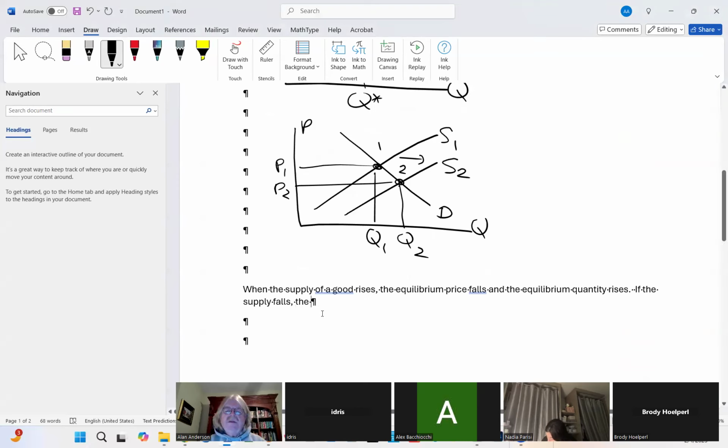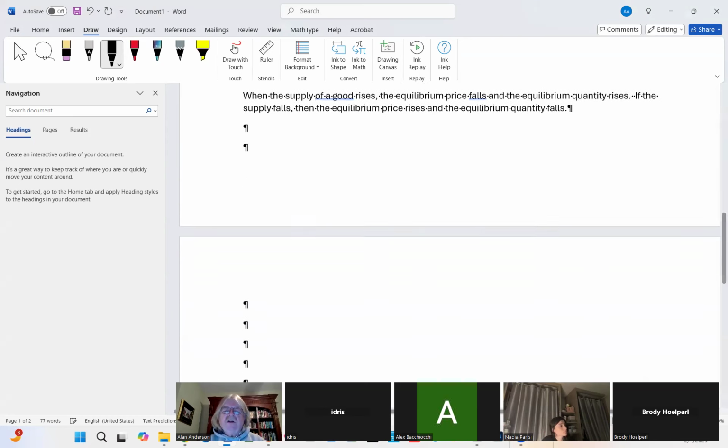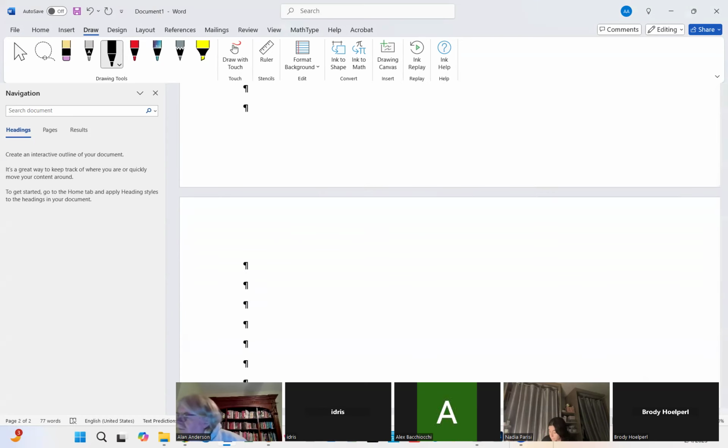Then the equilibrium price rises and the equilibrium quantity falls. Because the curve is shifting to the left, let me show you that one.